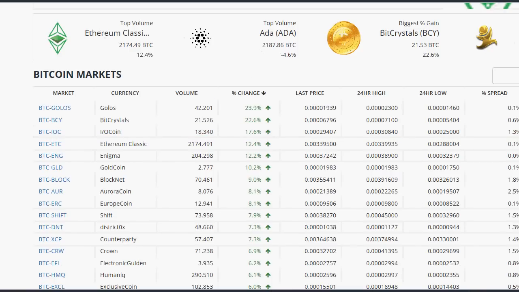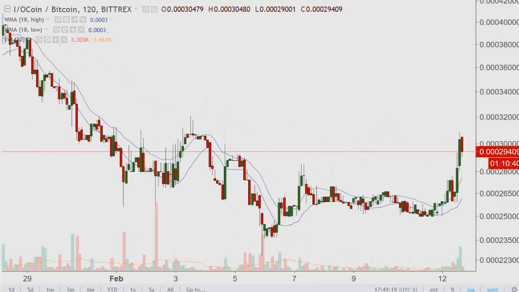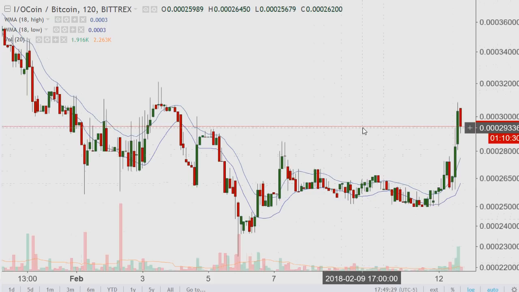First, we're going to take a look at IOC, which just happens to be the first because that's the one that I own, and I can quickly click on it because it's on my watch list. So in the 2-hour time frame, it's had a nice little push. It hasn't given that much of it back, not as of yet.